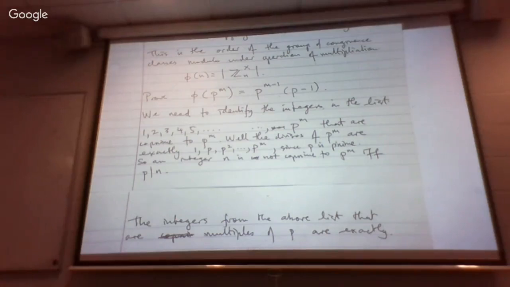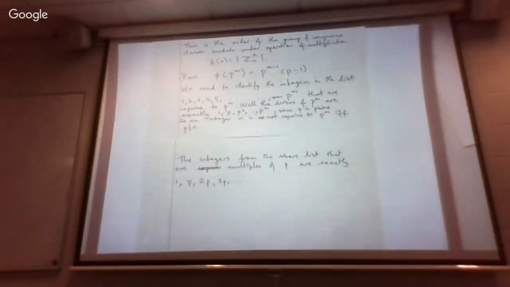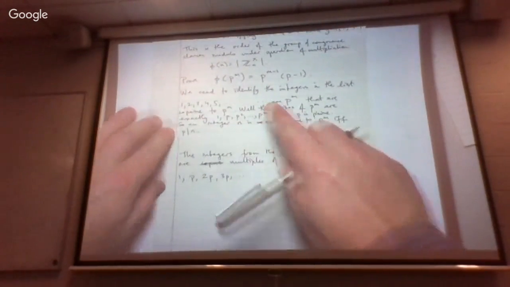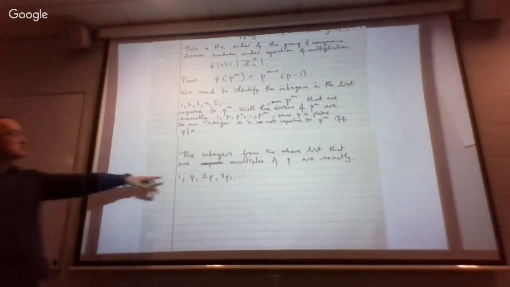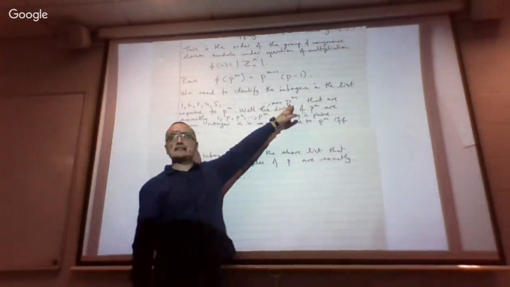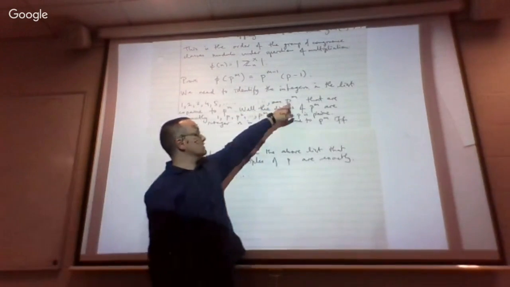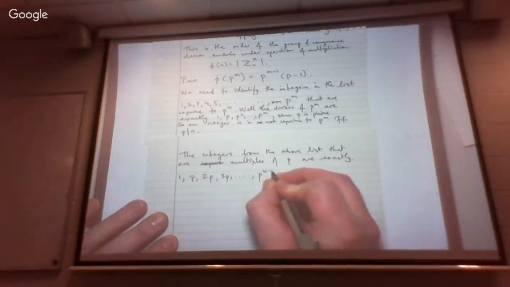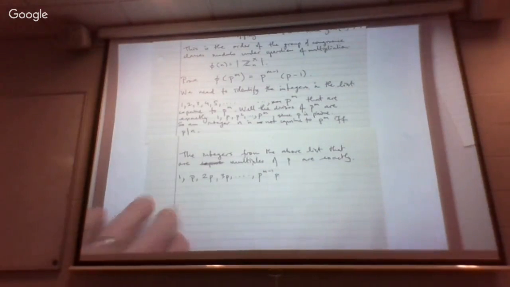So you're just listing every multiple of p. How many of these multiples of p fit into this list? Well, the very last number on that list is a multiple of p. So the last one is p to the m minus 1 times p. We'll stop. That's the end of the list.